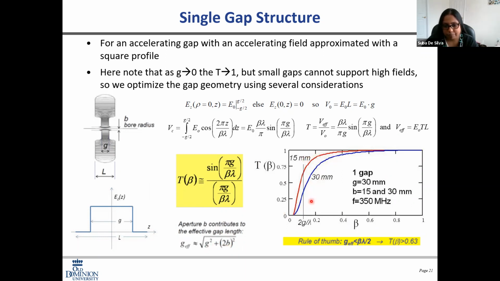And then the other rule of thumb, so that defines the limitation on the aperture compared to the gap. But now, how do we know what is the effective gap? So the effective gap always has to be less than beta lambda half. So this gives you an effective transit time factor of about 0.63 for this particular gap size.